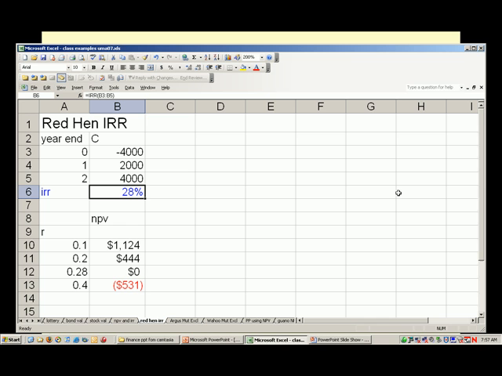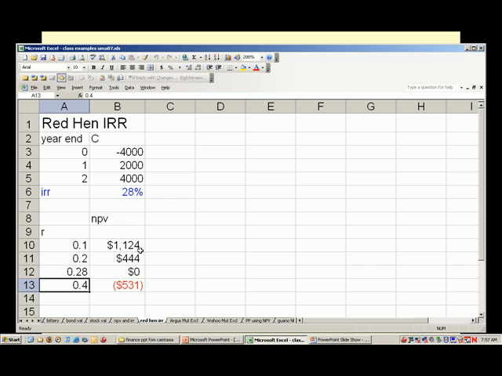And we get our internal rate of return of 28%. To demonstrate the relationship between NPV and IRR, let's calculate the net present value of Red Hen's business opportunity at various discount rates. So I have discount rates down this column of 10%, 20%, 28%, and 40%.